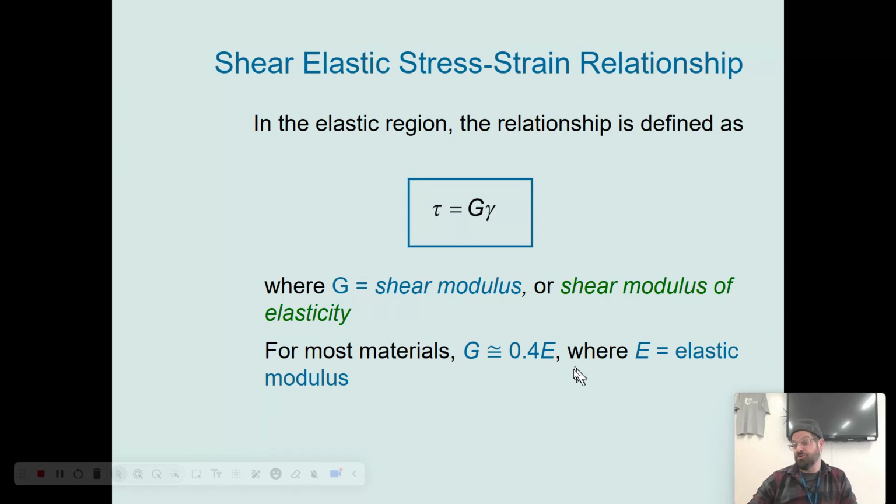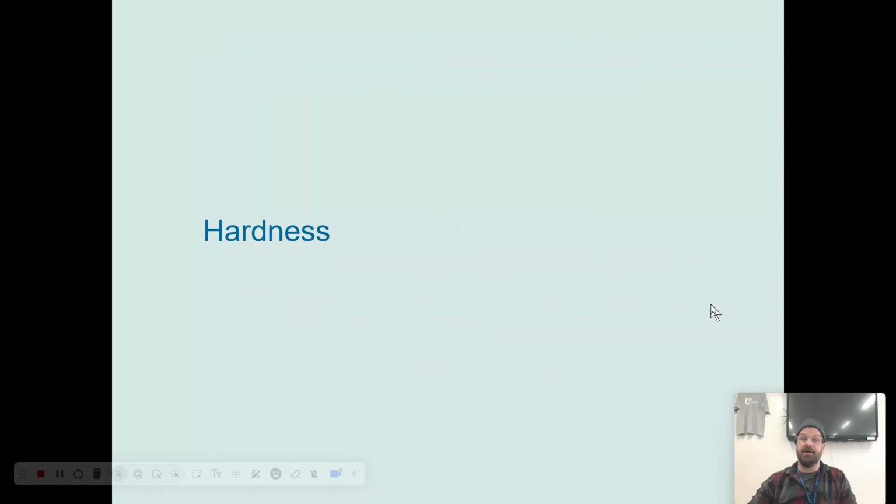And so there's usually a predictable relationship between the shear strength of a material and the tensile strength of a material. But I'm not going to ask you to know this. I just want you to understand that there usually is a relationship between the strength of a material in terms of its shear strength and its tensile strength or compression strength. All right, so that was it for the various stress tests and the strength tests for material.